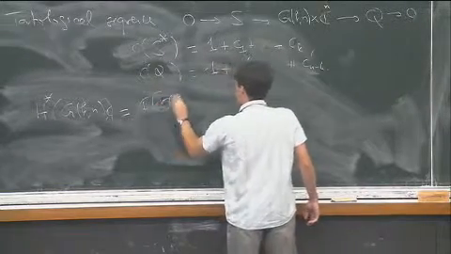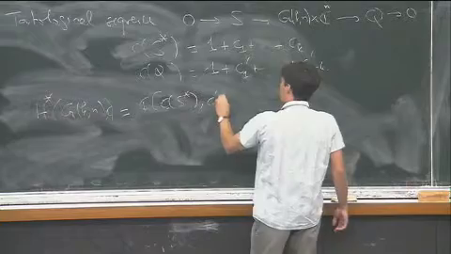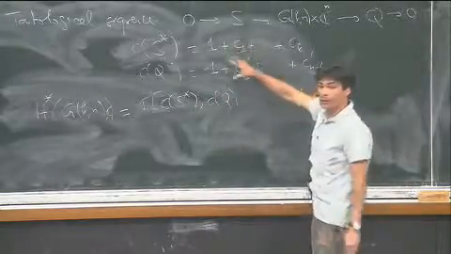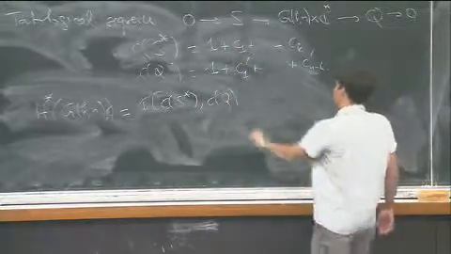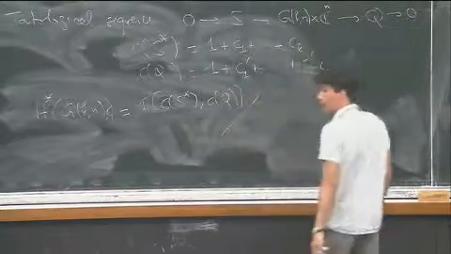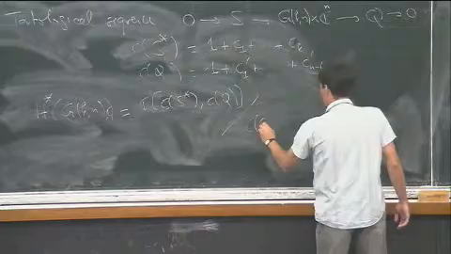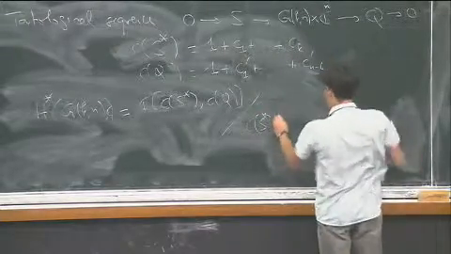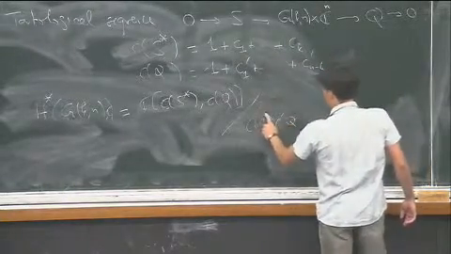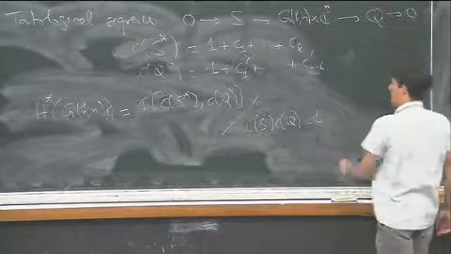So maybe you can write it like this. You can use these classes as generators. Then this is nice because the relation is very easy to write down, just the fact that because of this extension, this product must be 1.